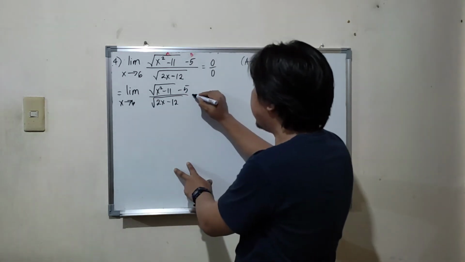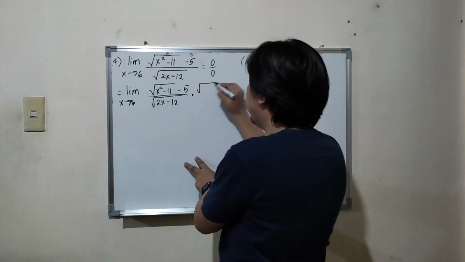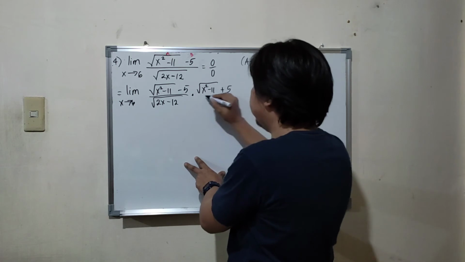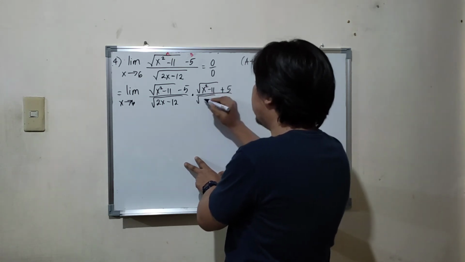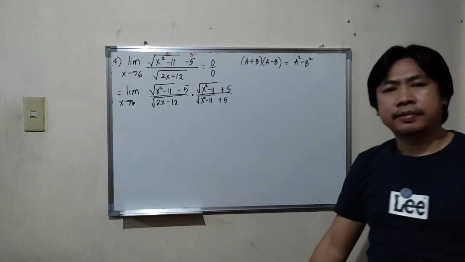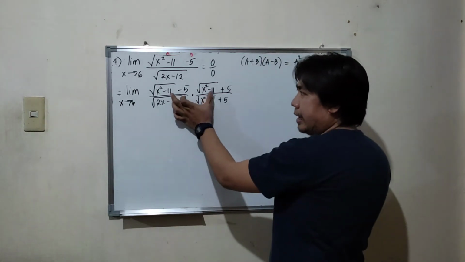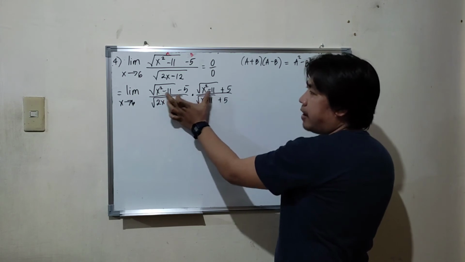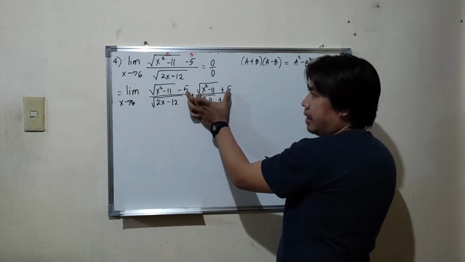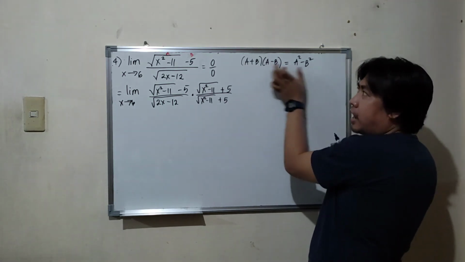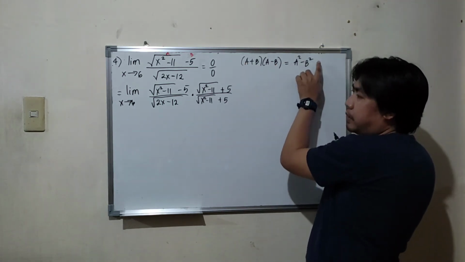So we multiply by its opposite: the square root of x squared minus 11 plus 5, over the square root of x squared minus 11 plus 5. This is our first term, a, the square root of x squared minus 11, and the second term is negative and positive 5. So we can use the special product a squared minus b squared.